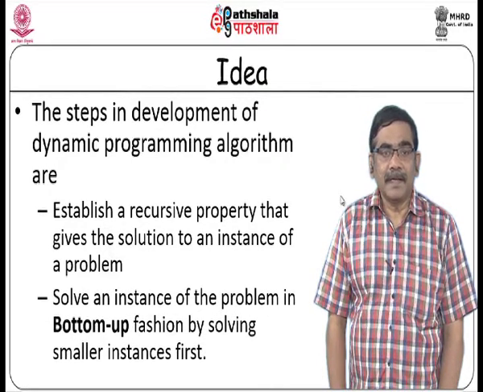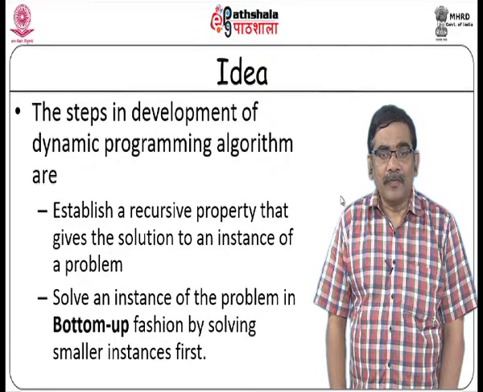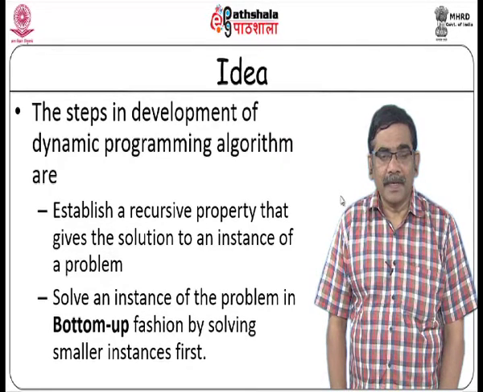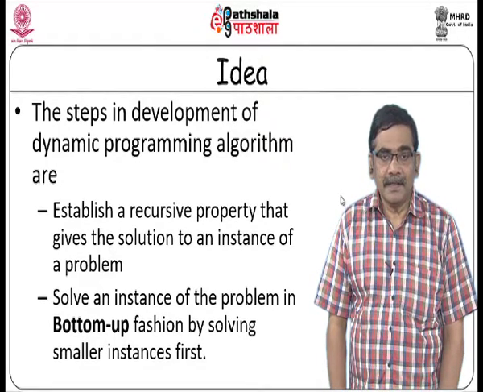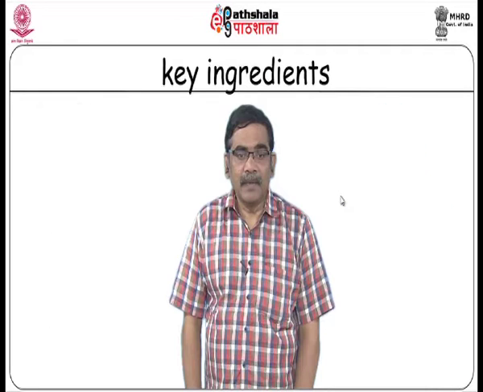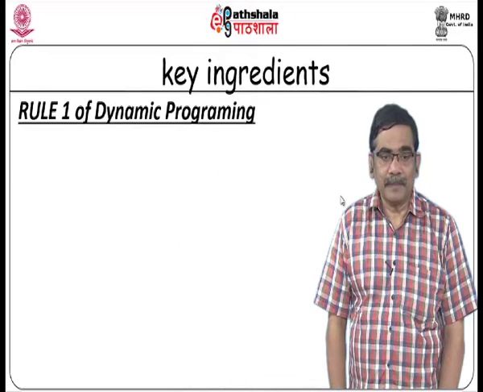Then once a recursive formula is given, we will solve the smallest problem first, then we will use those results to solve much larger problems. The entire approach is called the bottom up procedure.